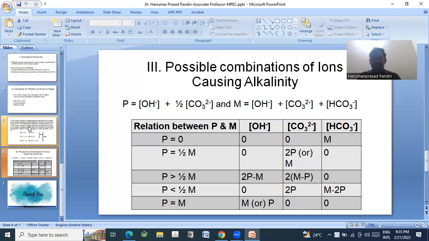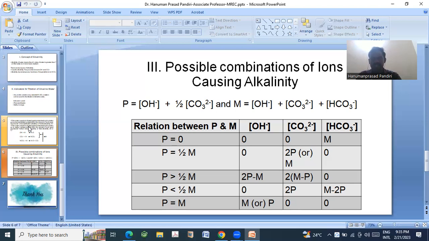P will become hydroxide concentration plus half carbonate concentration. And M will become hydroxide concentration plus carbonate concentration because bicarbonate concentration is 0. Now, if you observe carefully, half M will be half OH minus concentration plus half carbonate concentration.